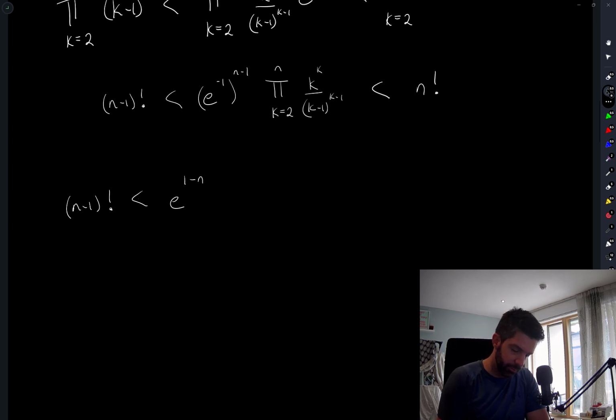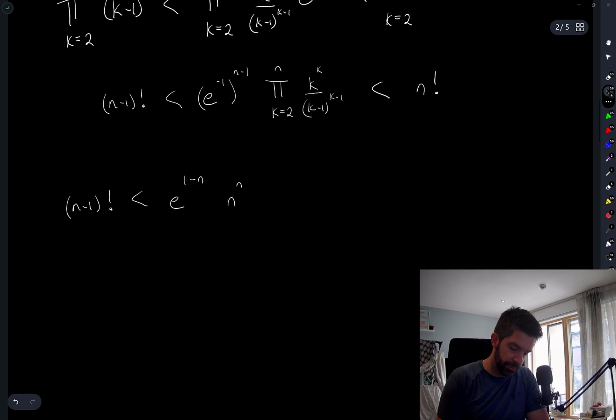So this should just leave us with n to the power of n. That's this term for the largest value of k. Well, it's the numerator, because when k is equal to negative 1, the numerator when k is equal to negative 1 will cancel with the denominator when k is equal to n.